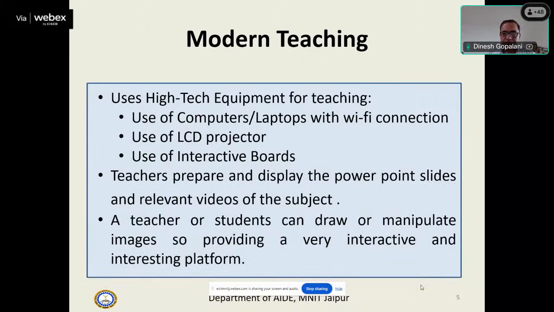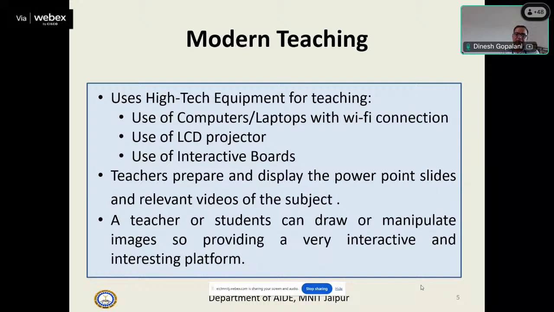Right. Now coming to the modern method of teaching. So this is starting from the simple projectors, overhead projectors to till date. We have many other things available, smart boards actually, smart classrooms. Okay, so there are uses of laptops with Wi-Fi connection, LCD, and smart boards.